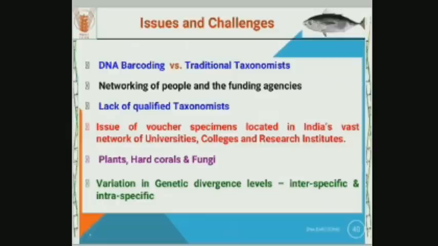And again, an issue is the lack of qualified taxonomists. We should develop expertise in traditional taxonomic features. And again, we need to keep voucher specimens of the species that are barcoded. We should maintain the voucher specimens in formalin, so that if any issue arises at a later stage we can come back and check.